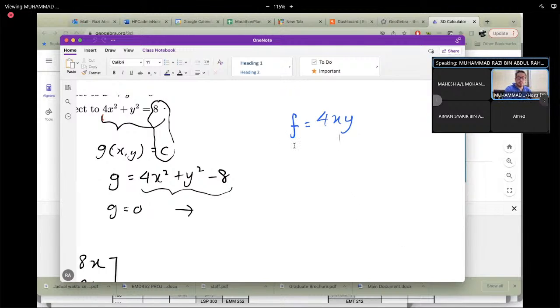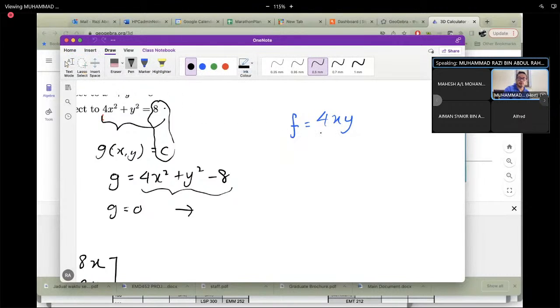Okay, so when you look at f, what is again gradient? Now it's black again, sorry about this. So gradient is partial f over partial x and partial f over partial y.